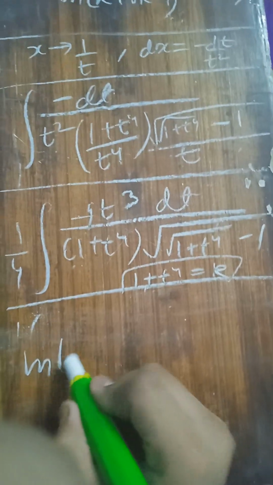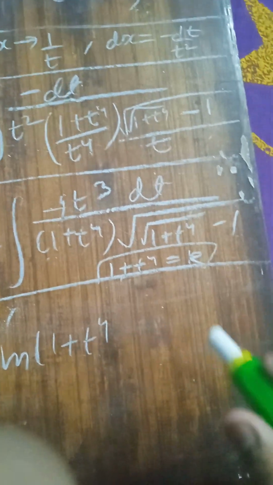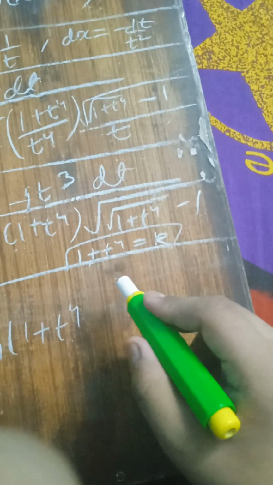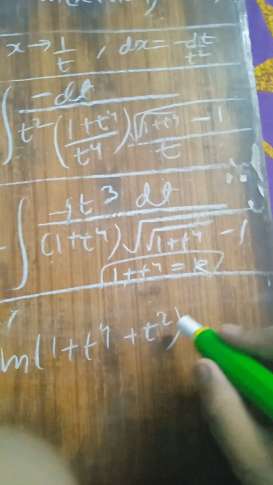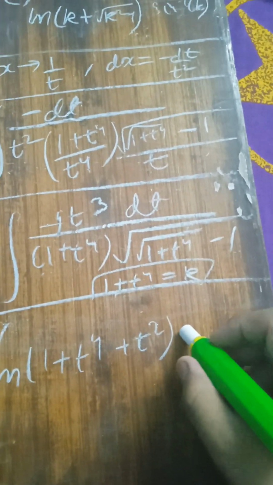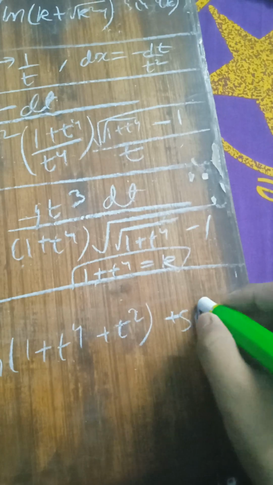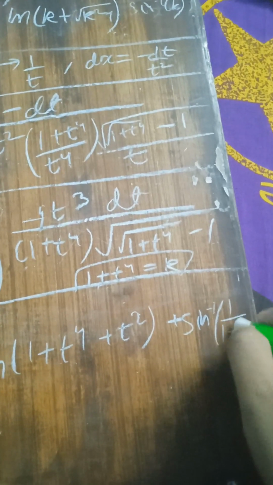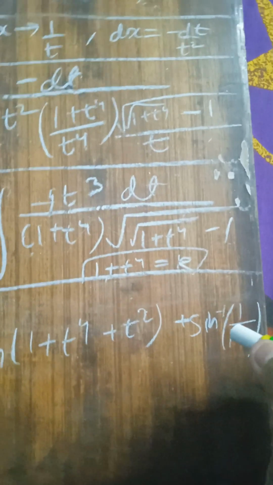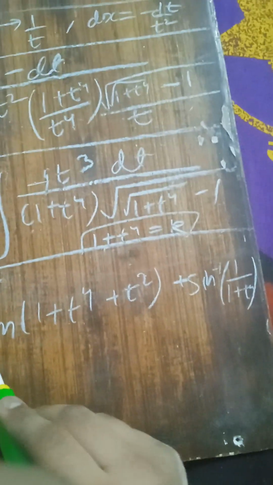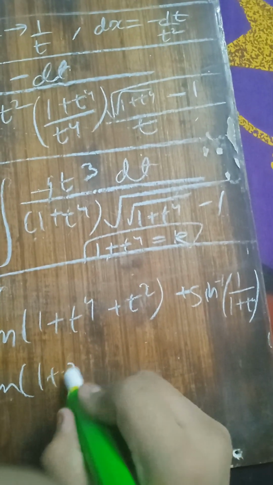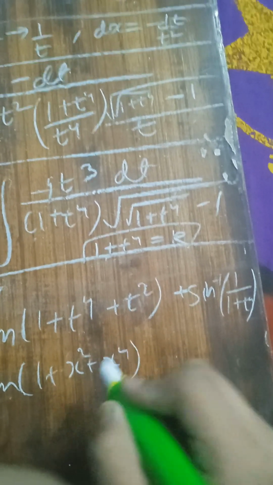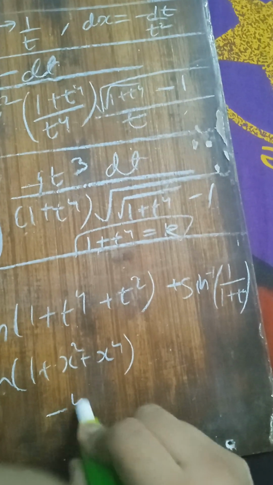So first ln 1 plus t^4, and then root of k square minus 1 ln 1 plus t^4 plus t square, plus sine inverse, and then x to 1 by t, ln 1 plus x square plus x^4 minus 4 ln x.